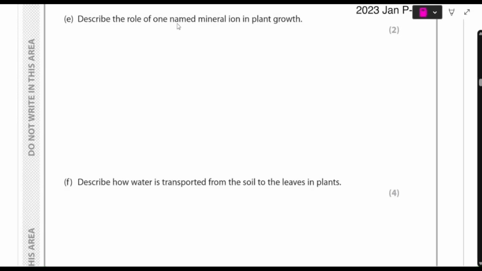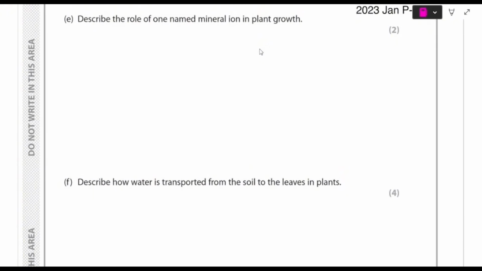Describe the role of one named mineral in plant growth. There are many minerals. Of them, the two most important are nitrates and magnesium.